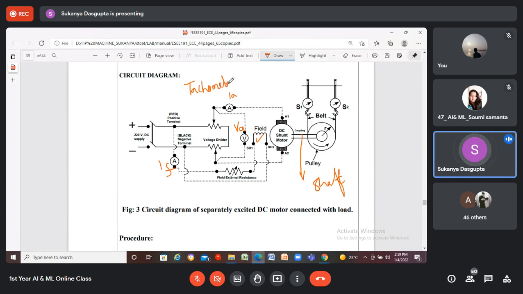At running condition of the motor, if you place a tachometer along with the center axis of the DC shunt motor, you will be able to measure the speed at which the motor is running. This tachometer is a digital type tachometer that you will use in this experiment, and it's a contactless tachometer. That means it is not required to touch the tachometer with the motor shaft.